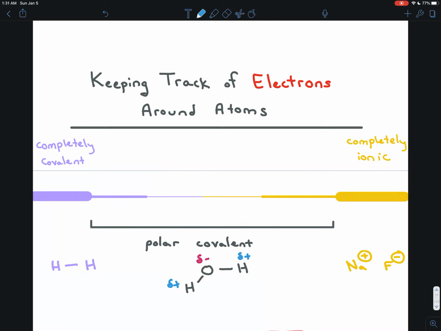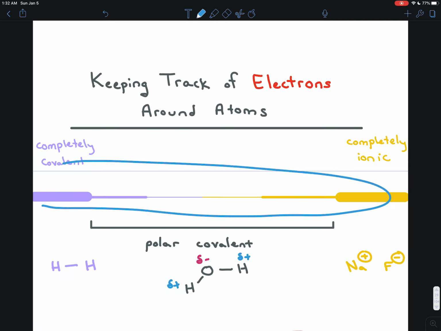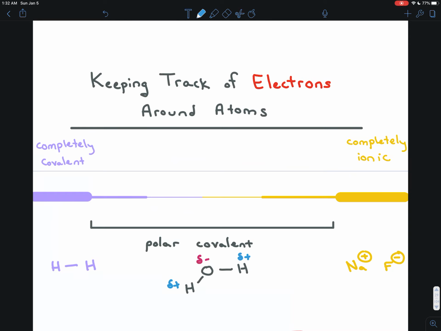Now, when we want to think about the charge on an atom all by itself, it's a little tricky because these electrons are really around two atoms, and where they are on this spectrum is not always completely clear.